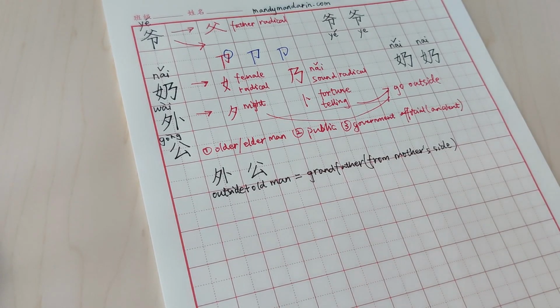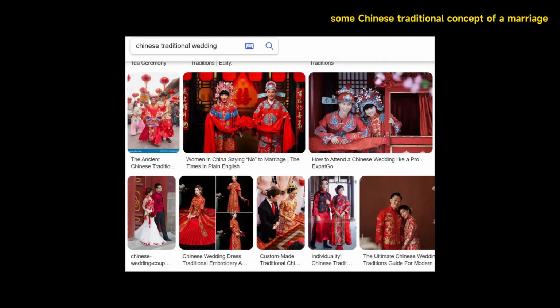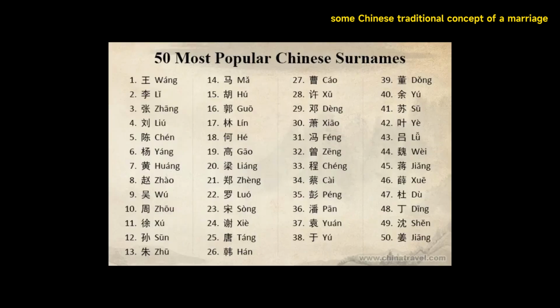Wait. Why outside? Okay, so simply put it, traditionally, when a couple get married in ancient time, normally women spend more time in the husband's family. It's kind of like the woman join the man's family. Plus, in the traditional concept, men can pass down the last name to the next generation, while women cannot. So, in most cases, men's family was more privileged.